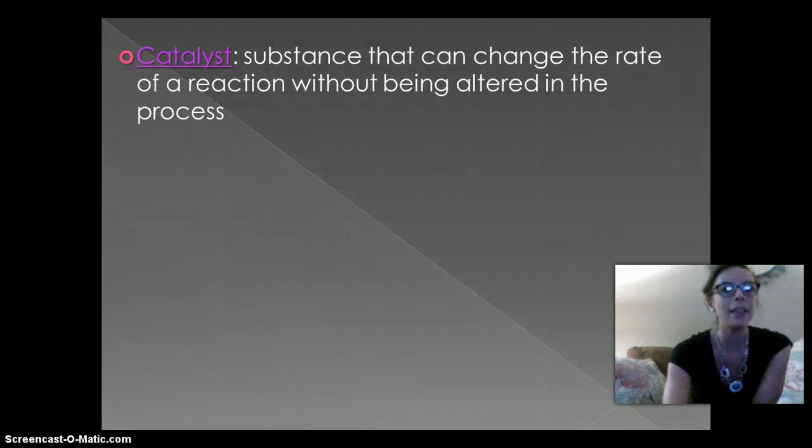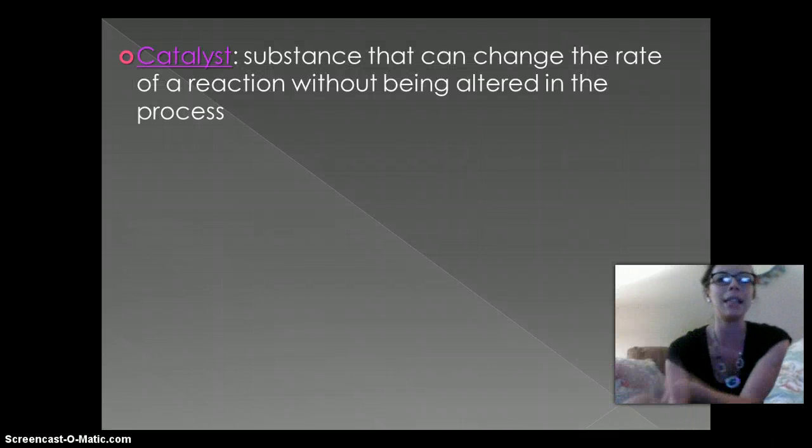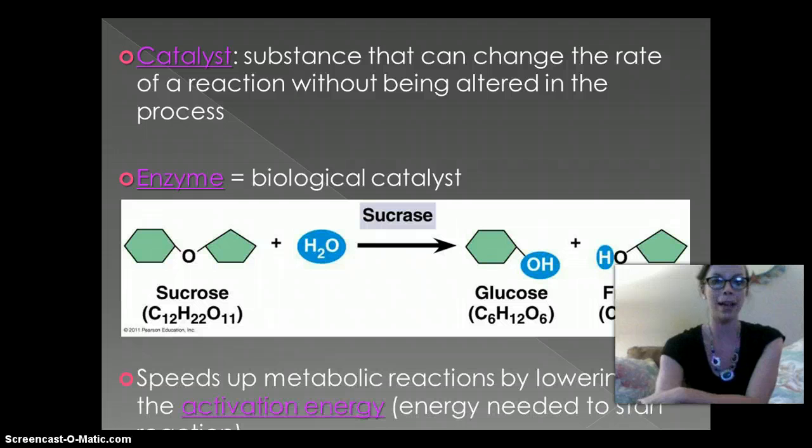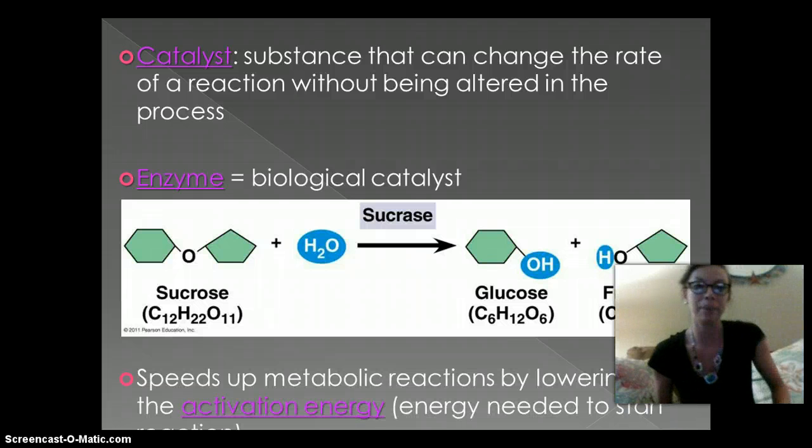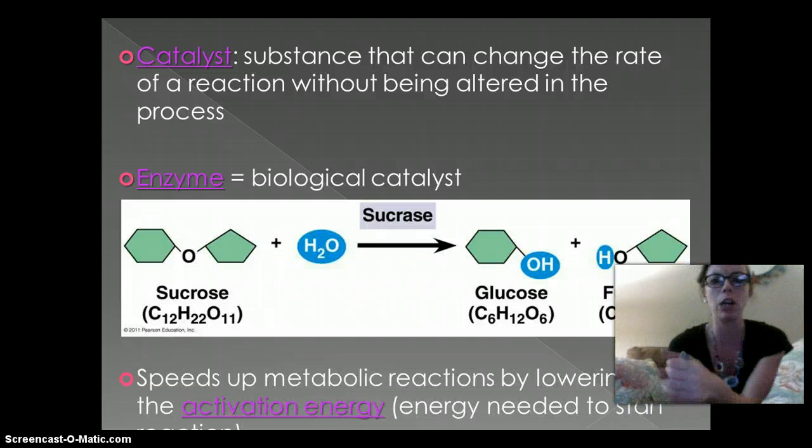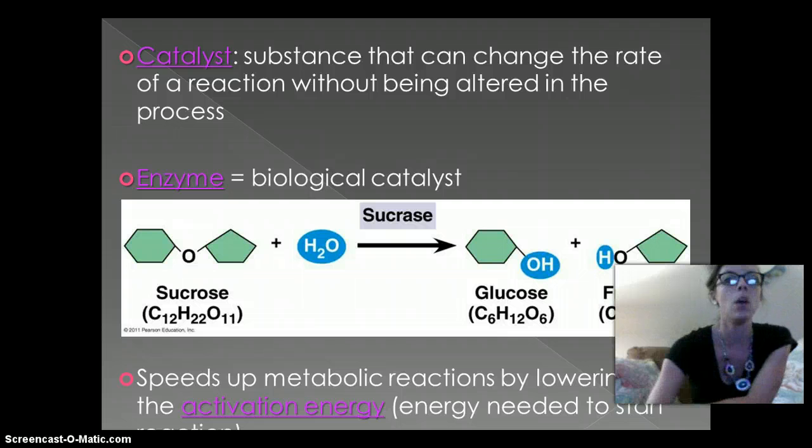Okay, so catalysts are substances that change the rate of a reaction without being altered in the process. They do this by lowering the activation energy, or the energy required to start the chemical reaction. So they speed up these reactions by lowering the activation energy. Enzymes are biological catalysts, and their names most often end in ASE.